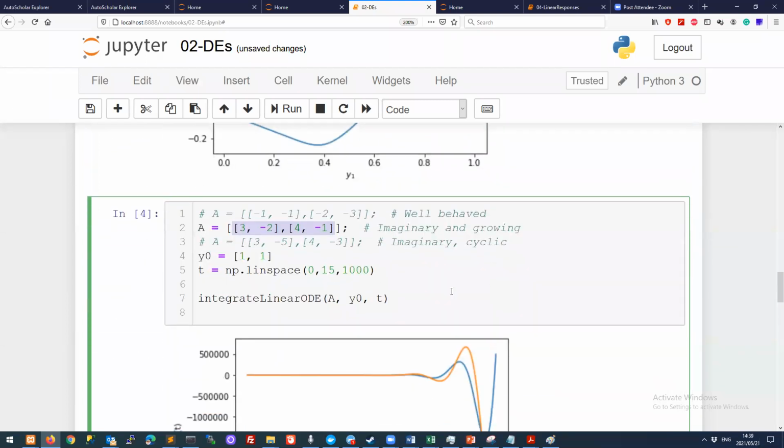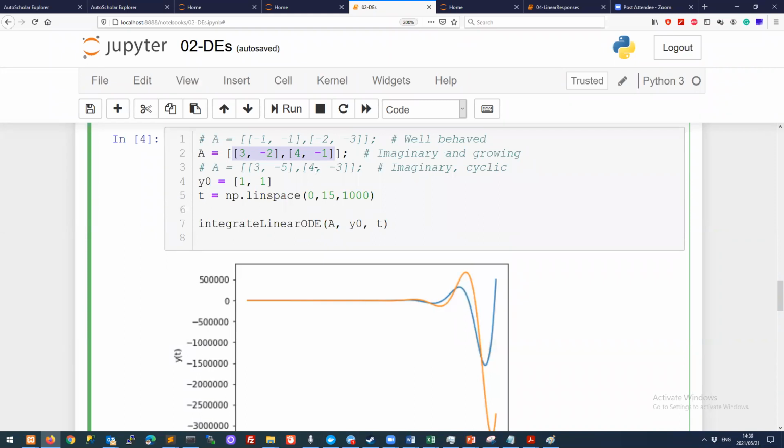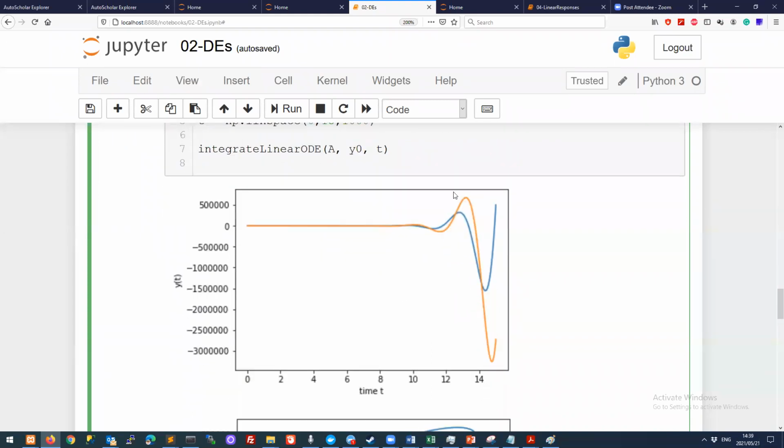So you see, in this case, even though the system looks very innocent, right? No imaginary numbers here, but if you work out the eigenvalues behind this matrix, you will see that the eigenvalues are imaginary, and that causes us to have oscillations in the system.